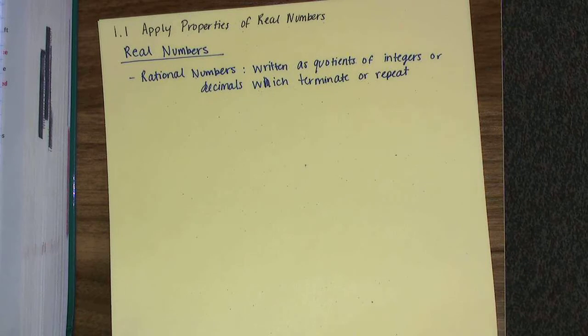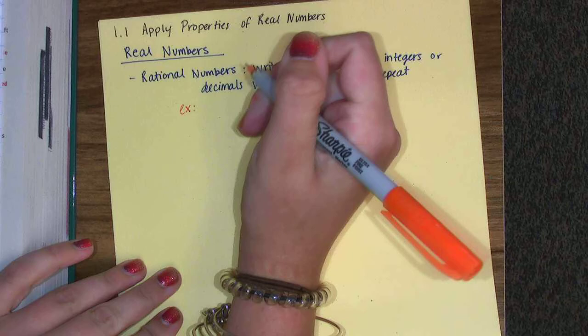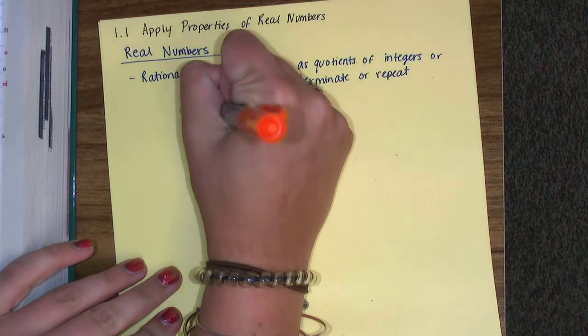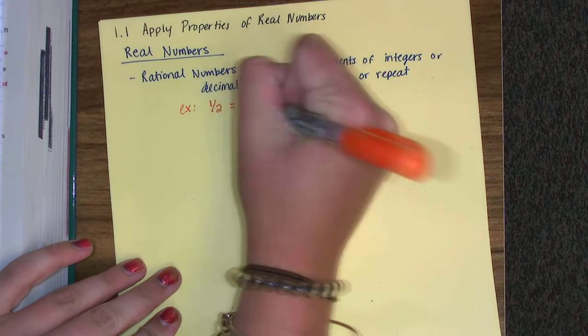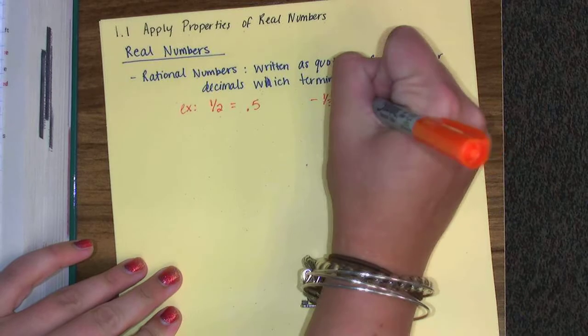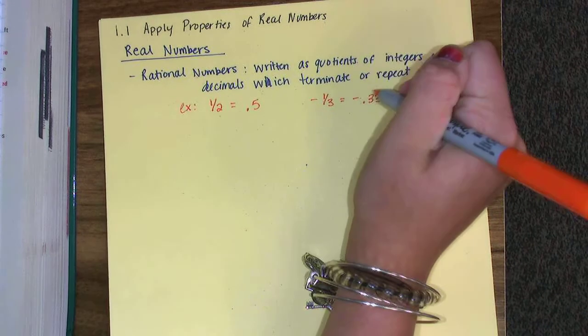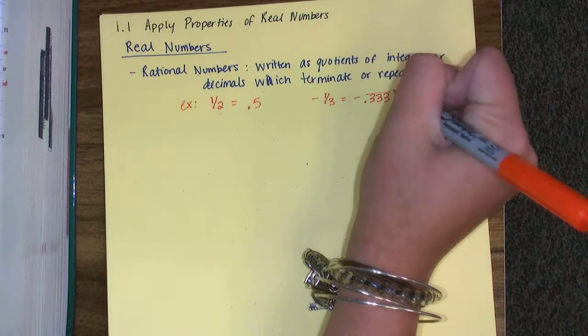So some examples of that would be like 1/2 or 0.5, and then we have negative 1/3 or negative 0.333 repeating. Okay, that just keeps on going.